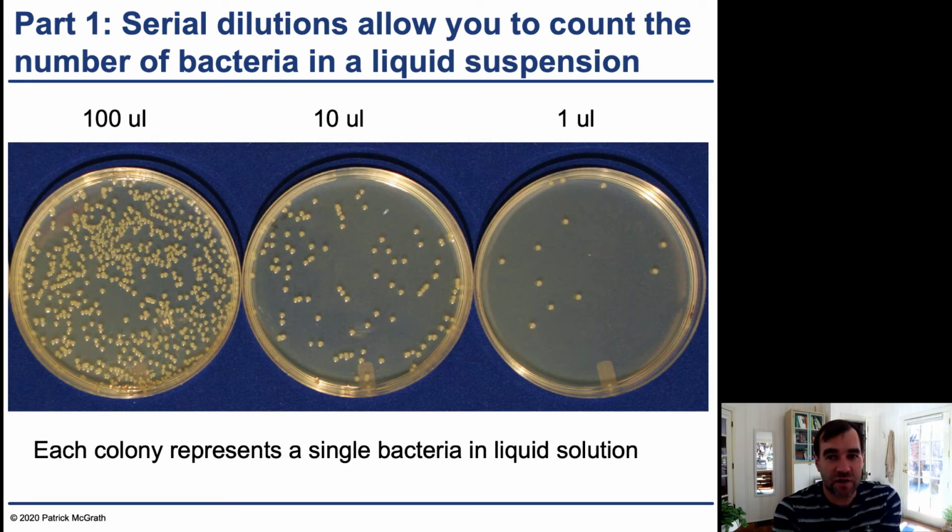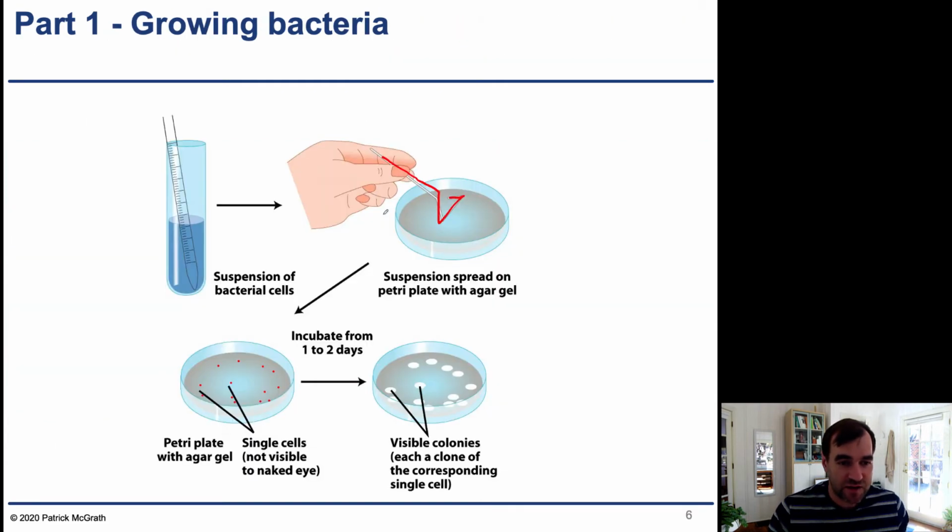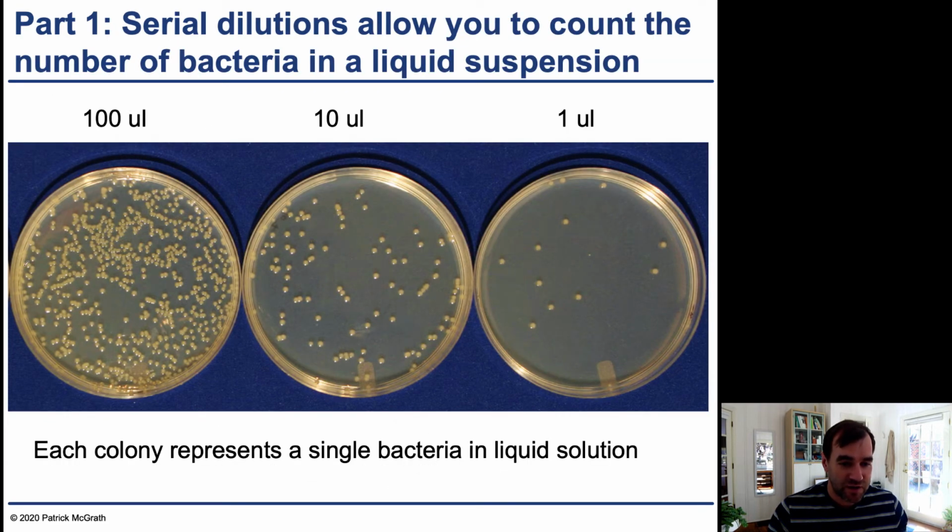So serial dilution: if you wanted to count the number of bacteria in a liquid suspension, you might take 100 microliters and spread it on this plate, 10 microliters and spread it on a plate, and then 1 microliter and spread it on this plate. The idea is that you can count this plate: 1, 2, 3, 4, 5, 6, 7, 8, 9, 10, 11, 12.